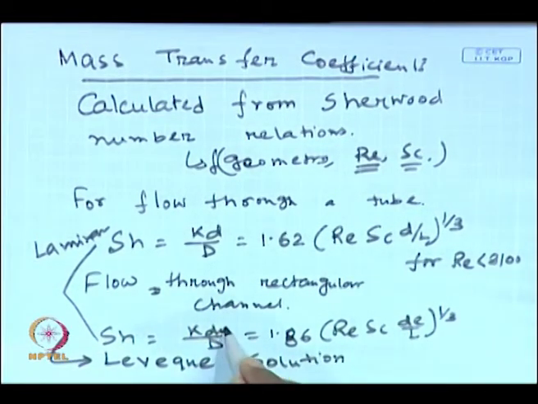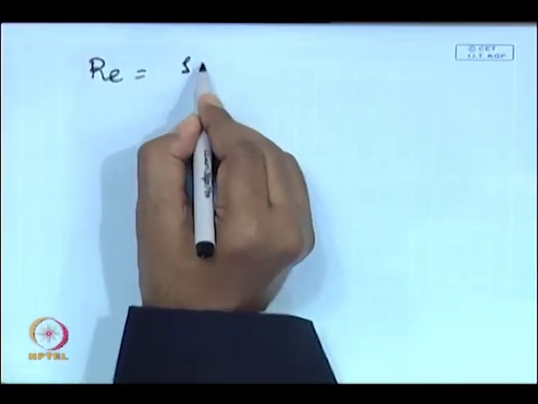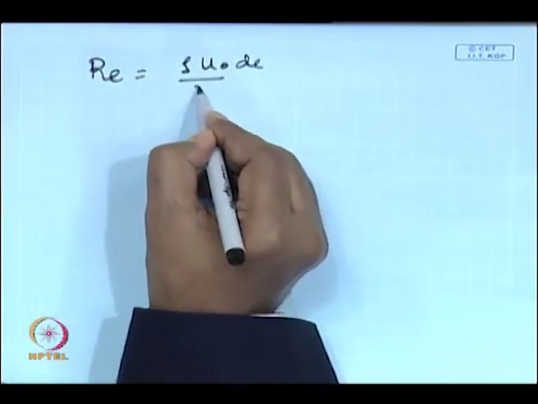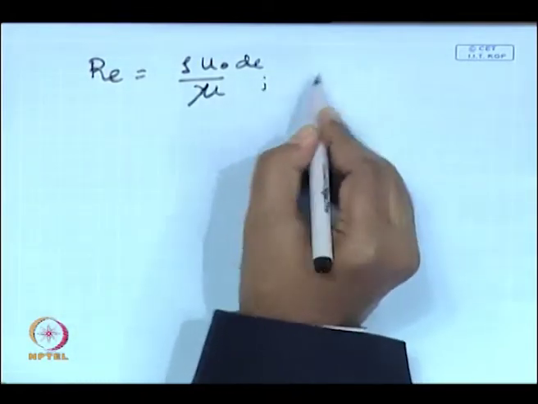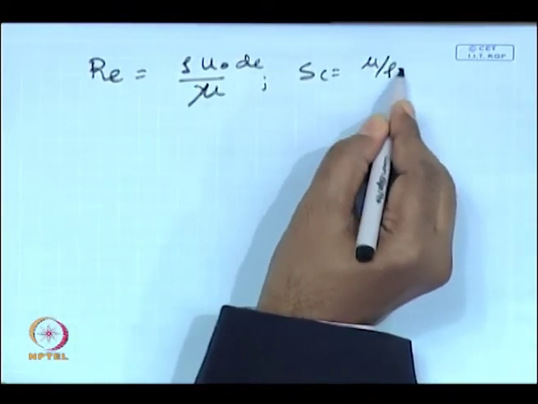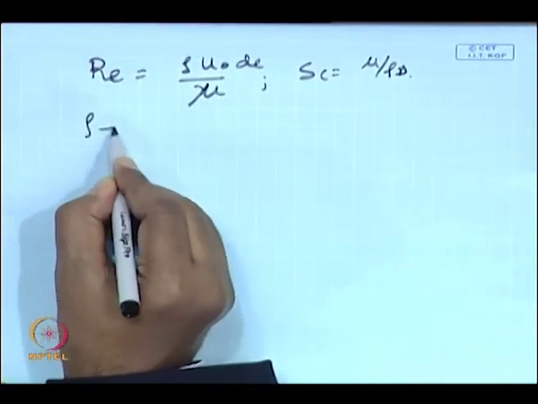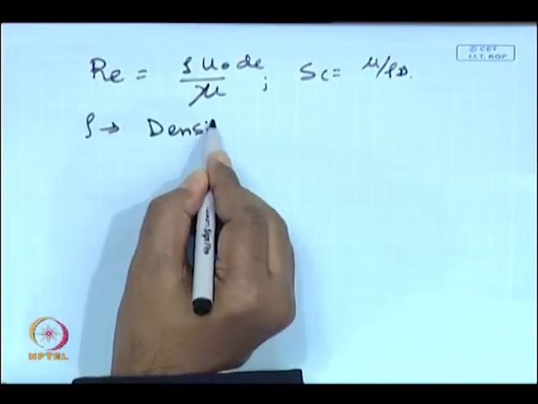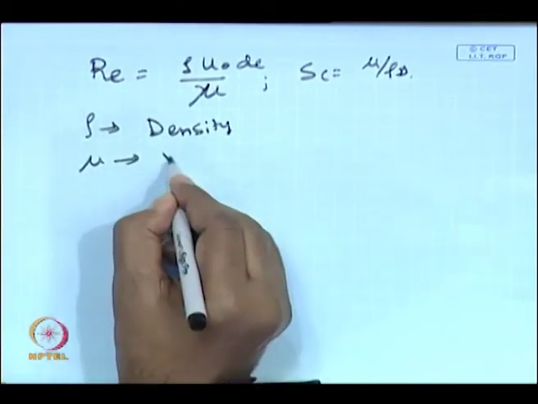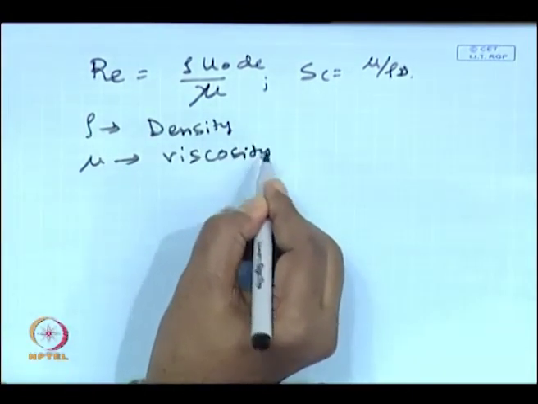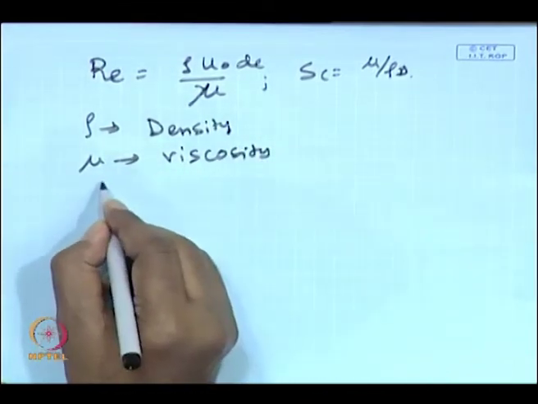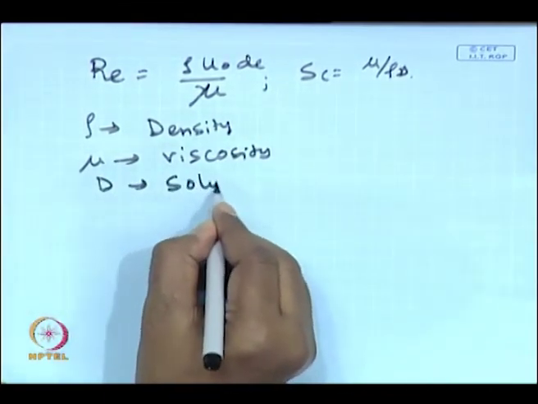dE is the equivalent diameter, and I will give you the definition of dE after giving the definition of Reynolds number and Schmidt number. Reynolds number is rho u0 dE by mu, and Schmidt number is mu by rho D. Okay. So, rho is the density of the solution, mu is the viscosity of the solution, D is the solute diffusivity in the solution.